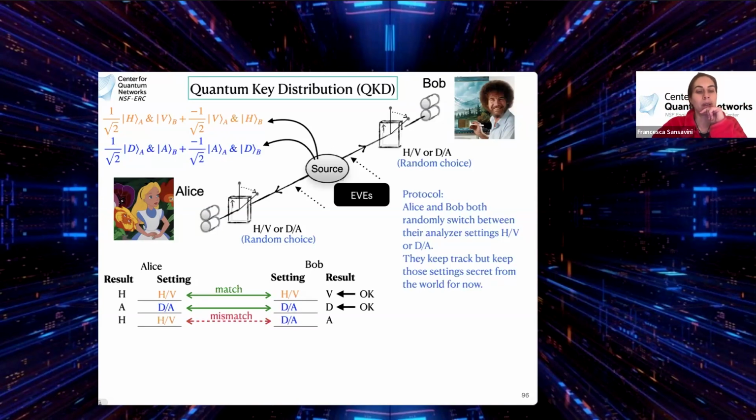And now they do a third try. Now Alice picks HV, Bob picks DA. So there is a mismatch between their settings. And again, they don't know.